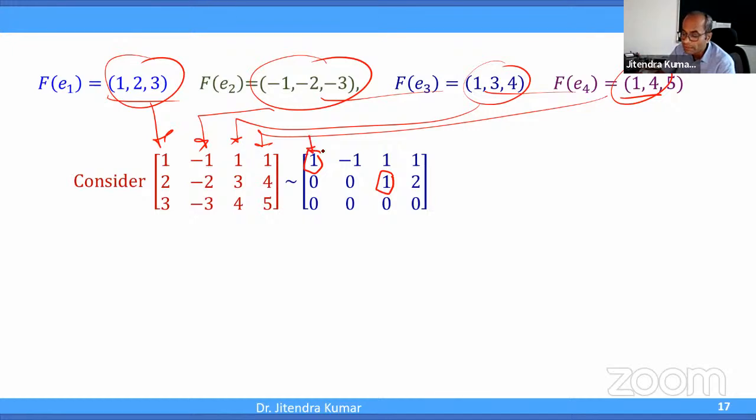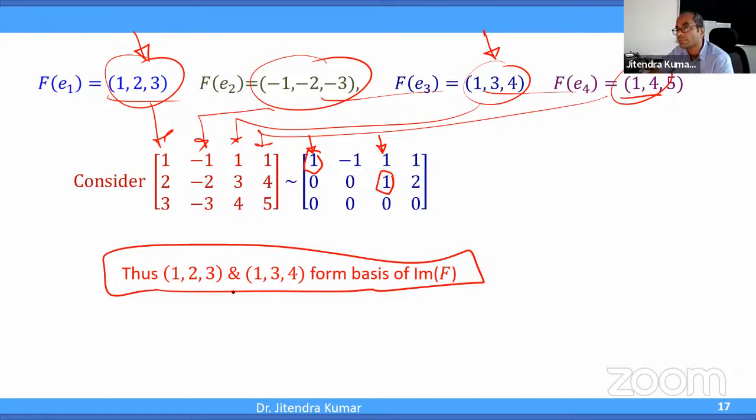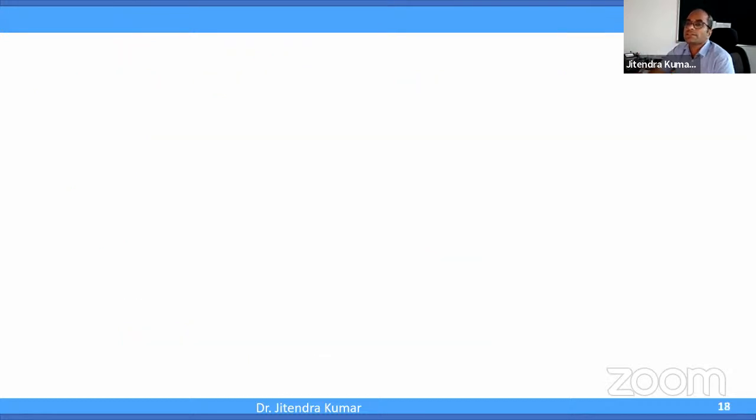So if we pick the first and the third element, they will be linearly independent. All others depend on these. So these two form a basis of the image of f, and hence the dimension of the image of f is 2.